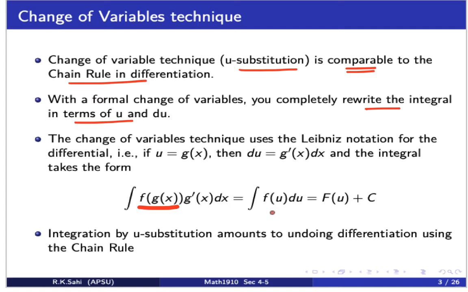When you take the integral, it is capital F of u plus a constant, where capital F is the antiderivative. So we can think of u substitution as undoing differentiation using the chain rule.